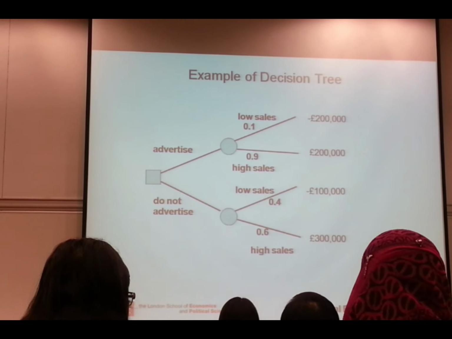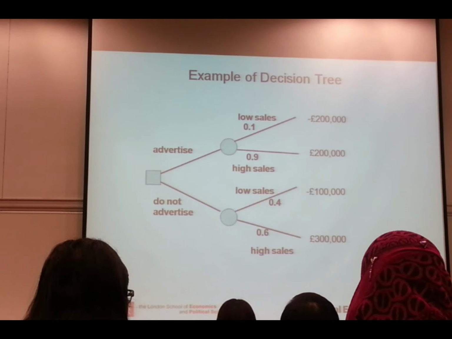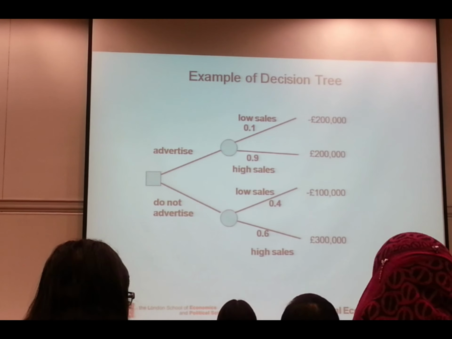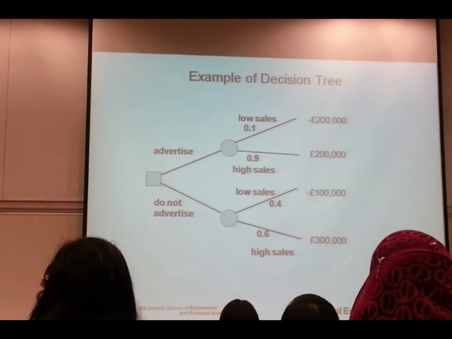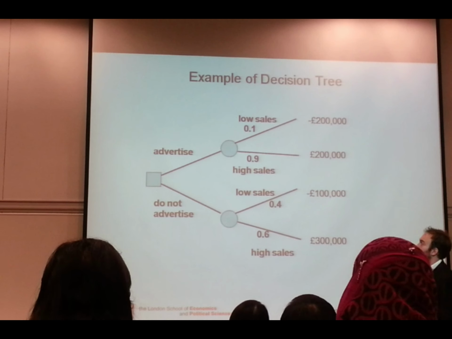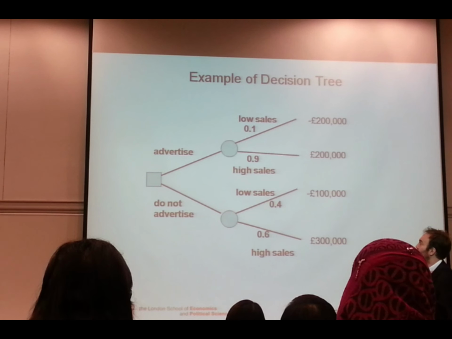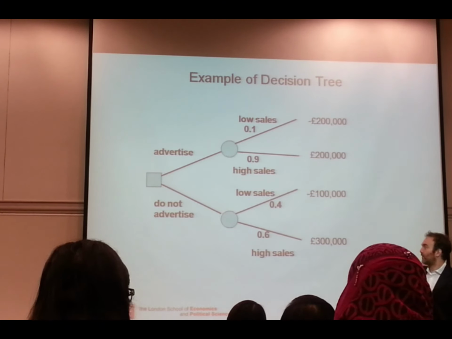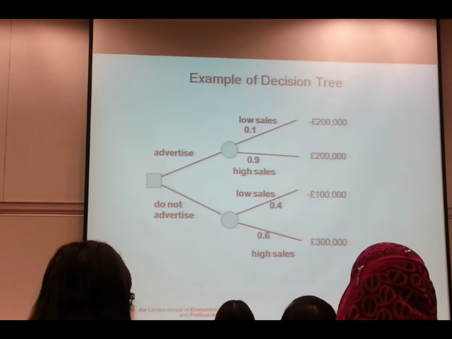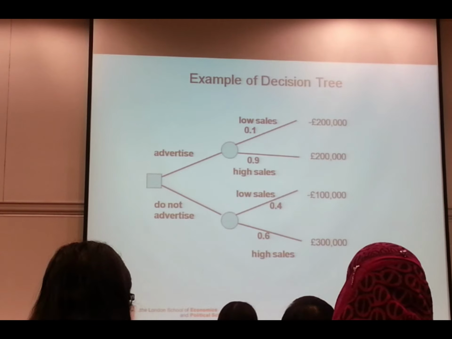In such a situation, we try to maximize expected profits. To maximize expected profits, we basically have to look at the expected profit in both of these cases. If we don't advertise, there's a 0.6 probability of high sales, which means 0.6 times 300,000. That's 180.